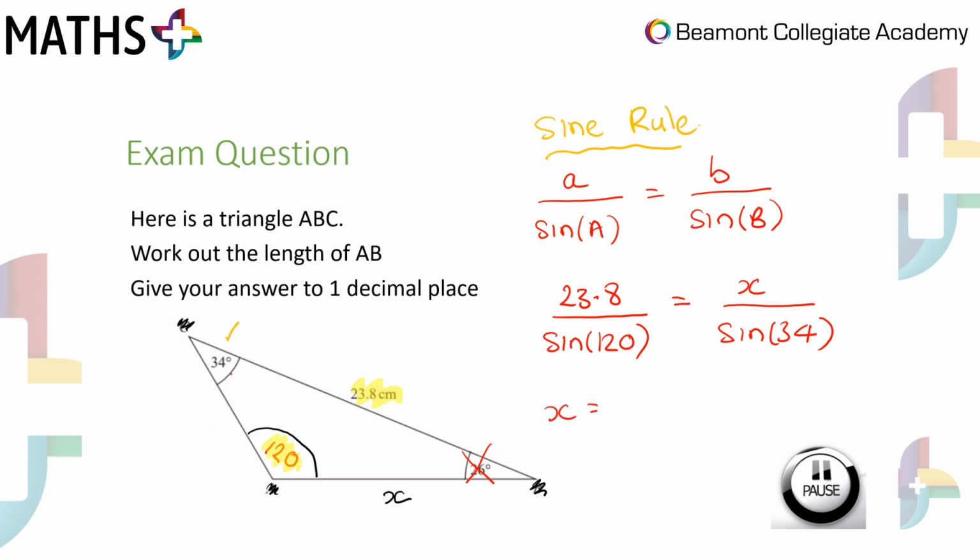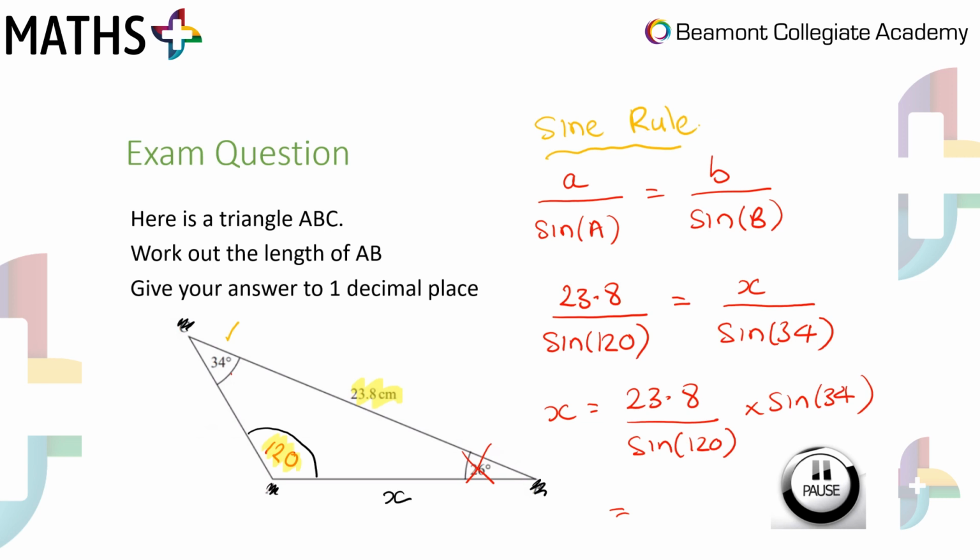So x is equal to 23.8 divided by sine of 120 and multiply that by 34. Again, important we don't cut corners. Write all that working out down. Important for you, it's important for the examiner.